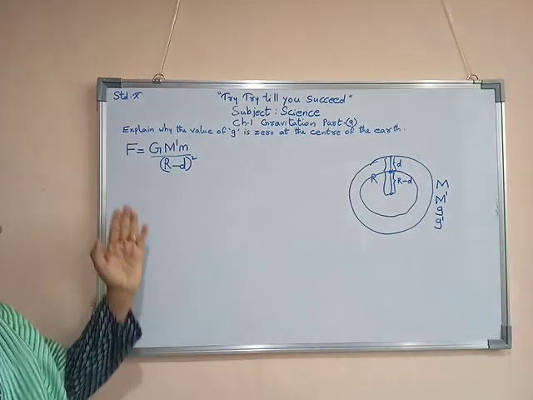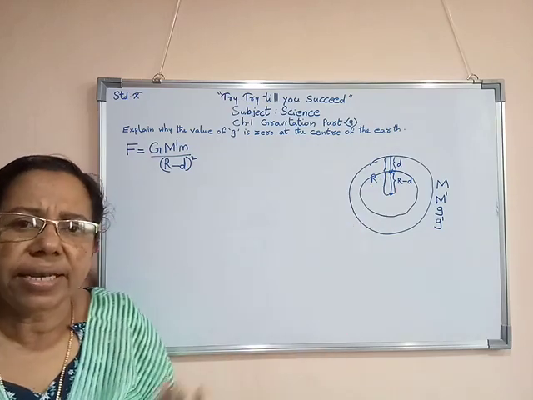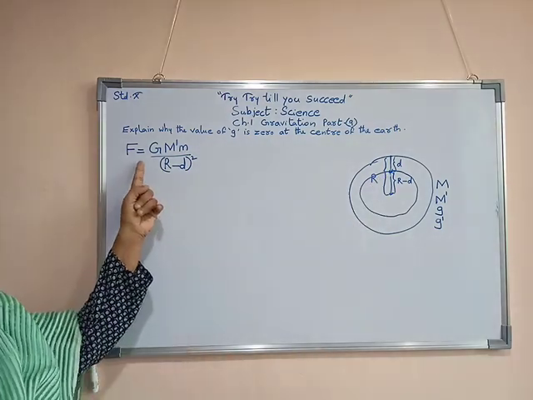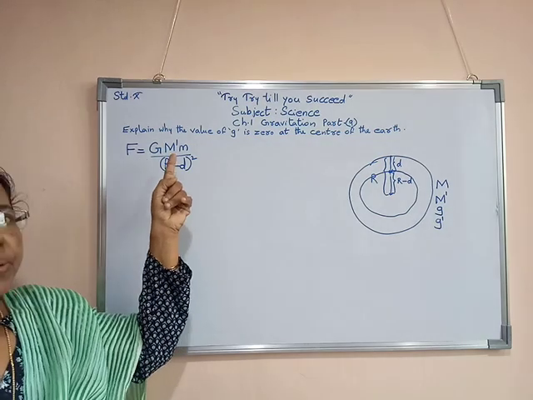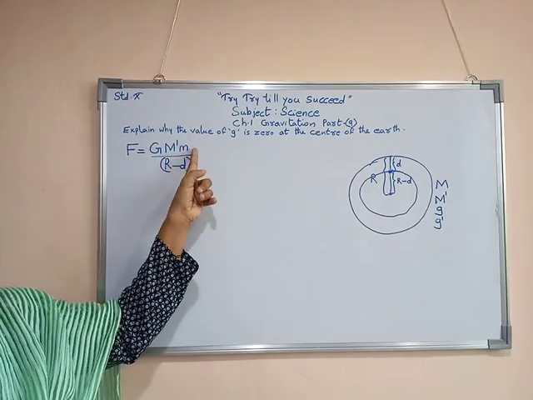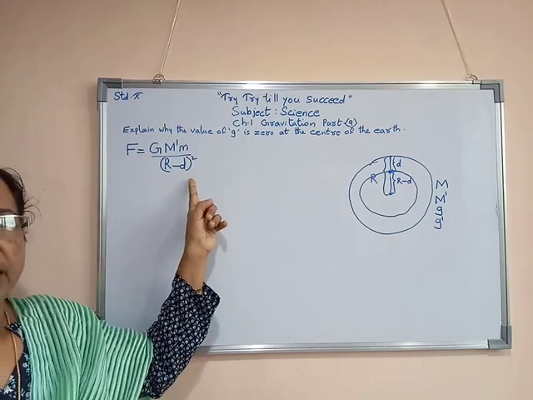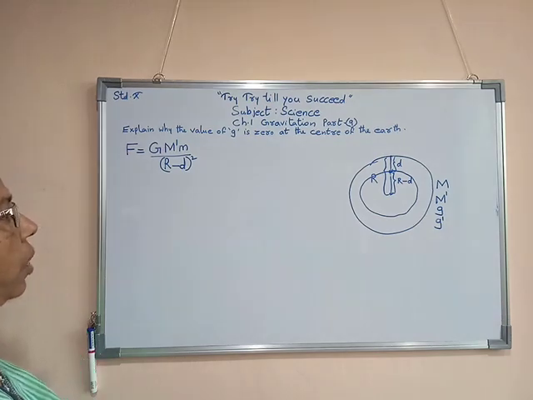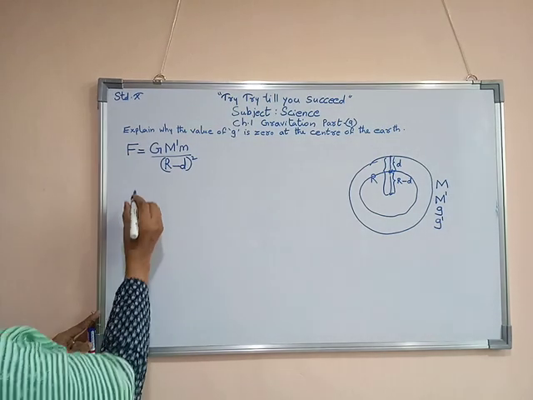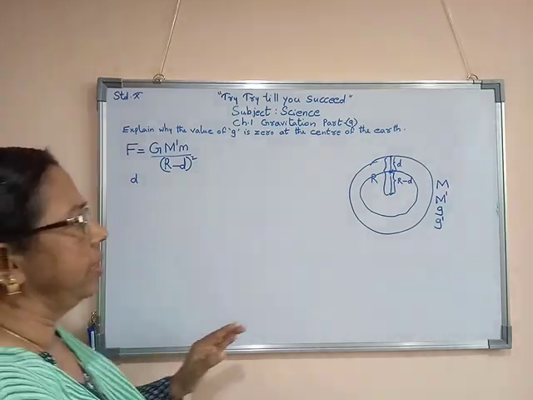So here what is it saying? Force acting on the object by the earth is equal to capital G into M dash into small m, where small m is the mass of the object, upon capital R minus d whole square. Now we have one more important thing.